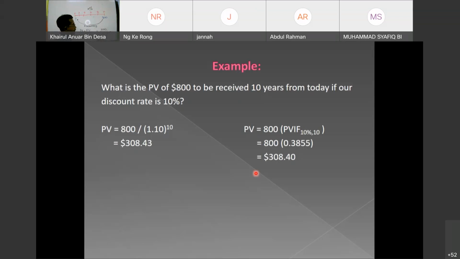So equal to 308.43. So di sini kita perlu simpan sebanyak 308.43, supaya after 10 years we're going to have 800 ringgit or 800,000, whatever.